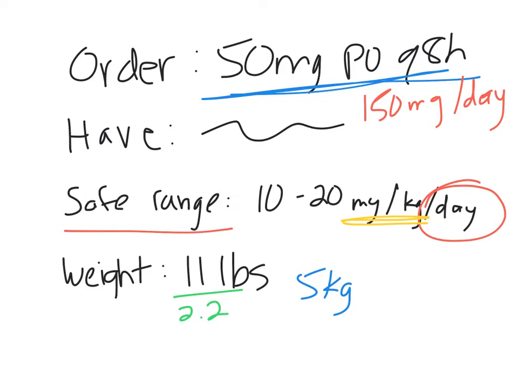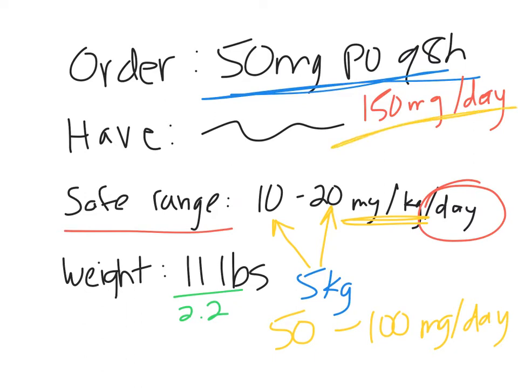To see if it's safe, we multiply our weight by both sides of that range to see what the minimum and the maximum dose for our patient is going to be. So 5 times 10 is 50, and 5 times 20 is 100. According to this label, it is safe for my patient to take 50 to 100 milligrams a day.